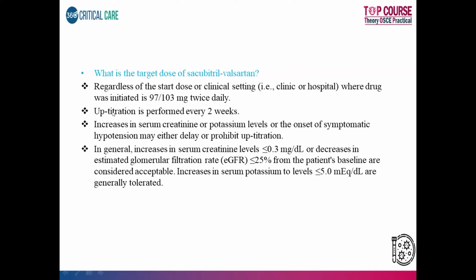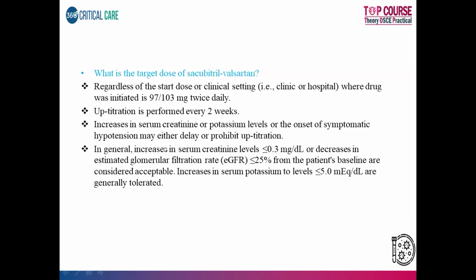The up titration can be performed slowly every 2 weeks. If the patient is on 50 mg, after 2 weeks you can increase to 100, then 150, and finally, over around 6 weeks, you can increase it to 200 mg. Increases in serum creatinine or potassium levels or any onset of symptomatic hypotension may either delay or prohibit the up titration.